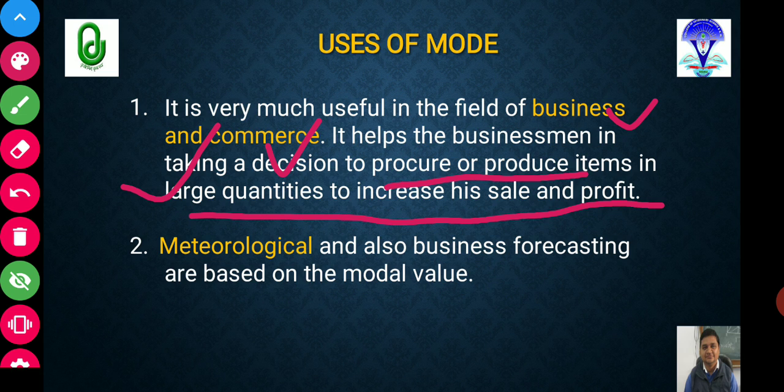So if the mode is coming in the month of September or October, in that month you can procure more items or you can produce more items. Again, similarly for meteorological data, by determining the mode of rainfall or the mode of temperature or whatever meteorological indication, we can predict, or it can be used for forecasting. Similarly in business or share market also. So these are the utilities of mode.